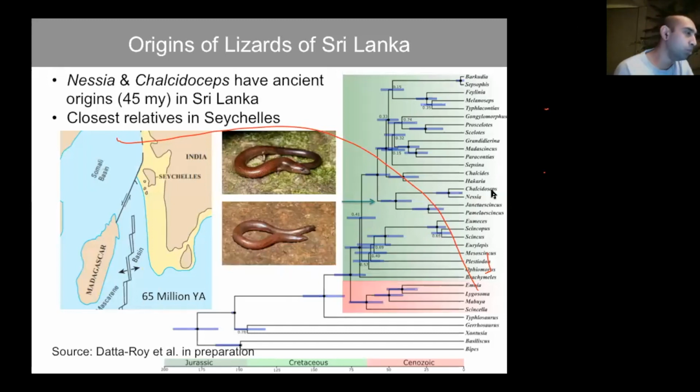But when you move back in time and look at the position of Seychelles, Sri Lanka and India, it seems that there was a land connection 65 million years ago, in the late Cretaceous period.